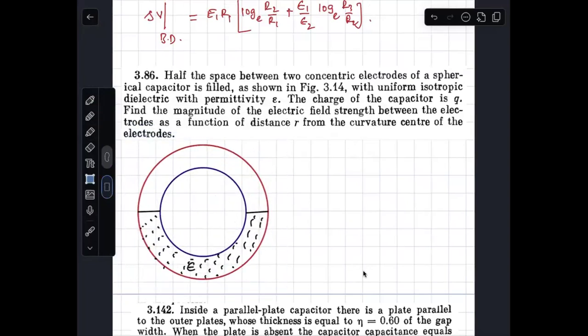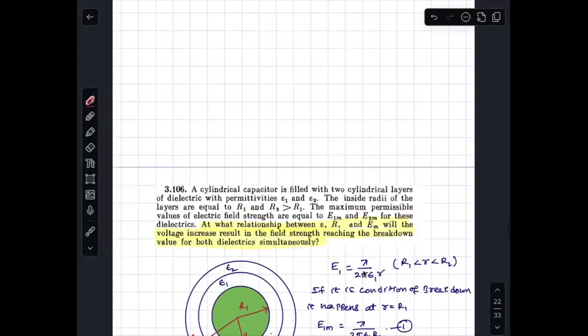Remember, the first observation here is, as I told you very clearly, the potential difference is the same. Whether you choose a point in this region or in this region, the intensity of the electric field is the same. Already I have shown that, in the very first class.